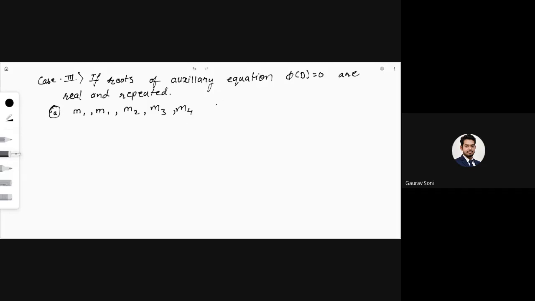So all are real, but which one is repeated? M1, I can see that it is repeated, and M2, M3, M4 all are distinct.